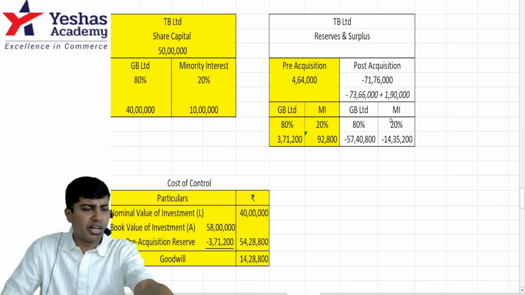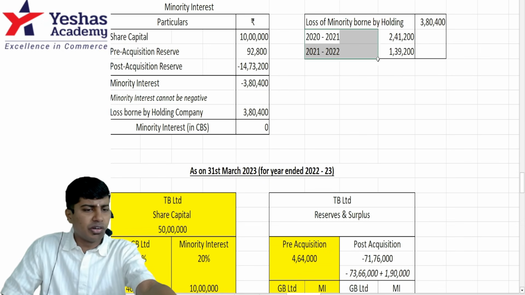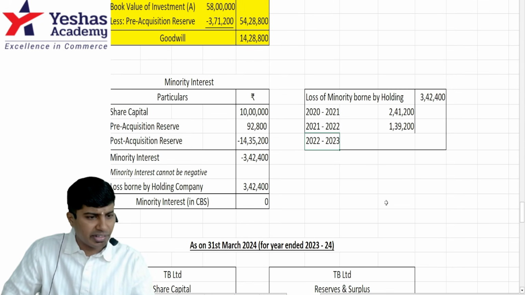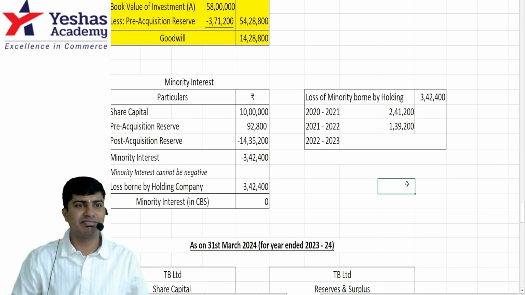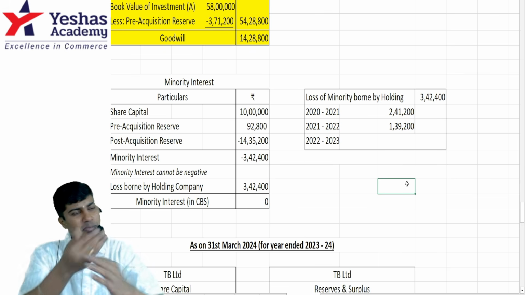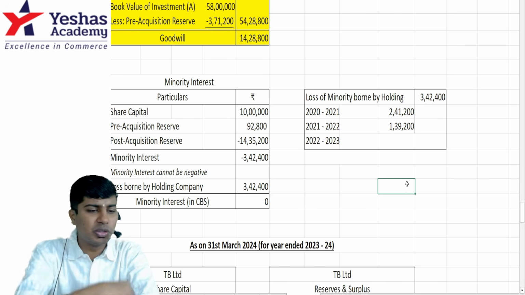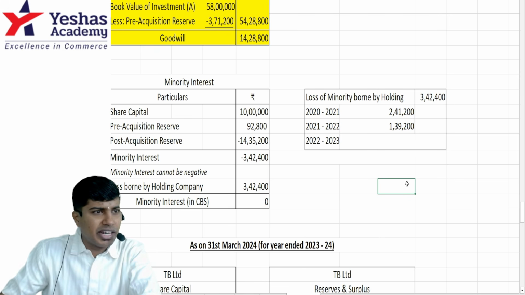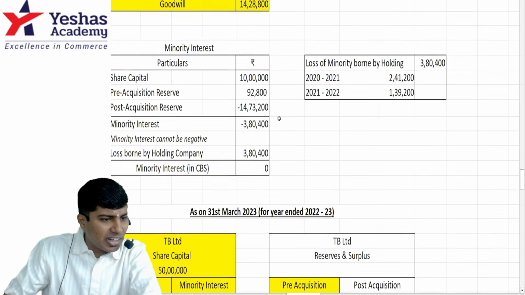See, 241,200, 139,200. Last 2 years lost. Now, current year, it is negative. Reversal. Now, because now they made profit, it's getting reversed. See, 241,200 plus 139,200 is how much? 3,80,400.